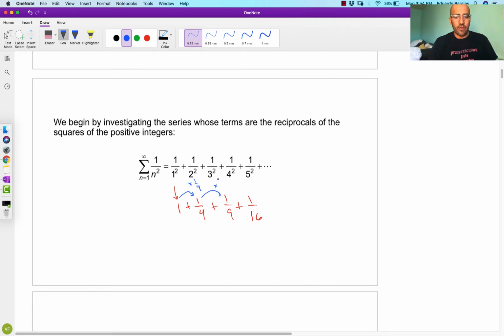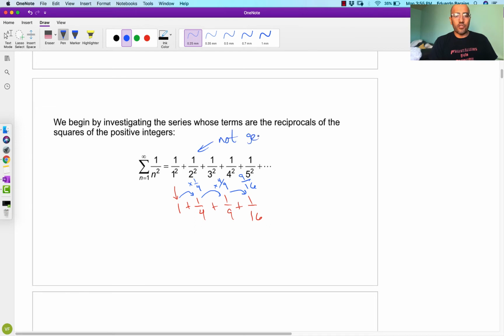We multiply by 4/9, and the 4 and the 4 cancel, and we end up with 1/9. And then from here to here, we'd multiply by 9/16. So they're different, right? Whatever we're multiplying by from one term to the next, it's not a constant value r, so this is not geometric.